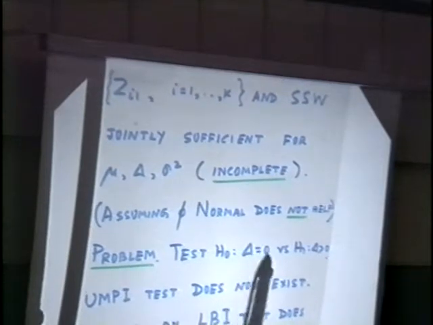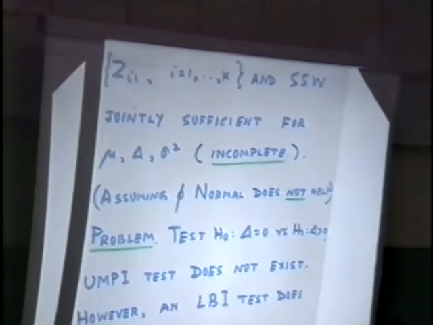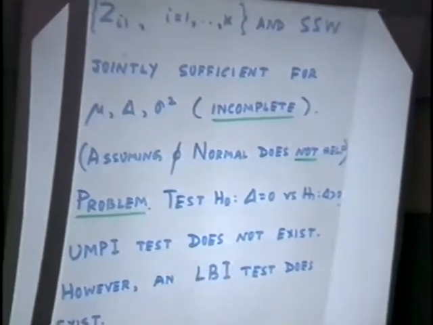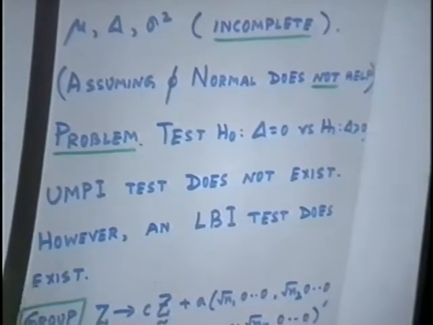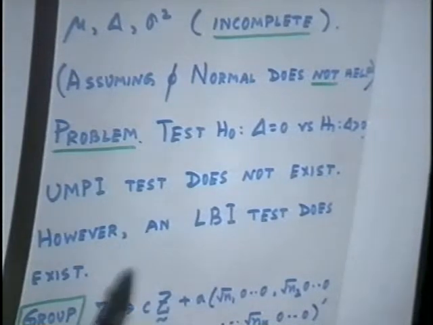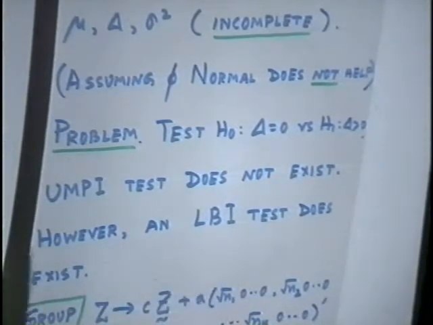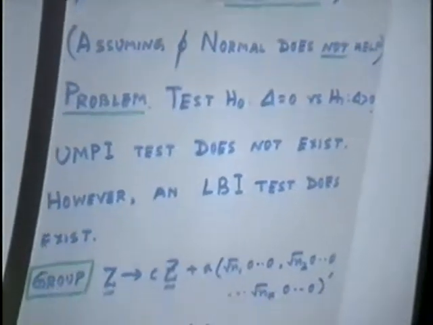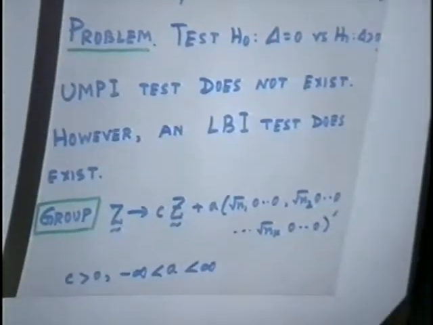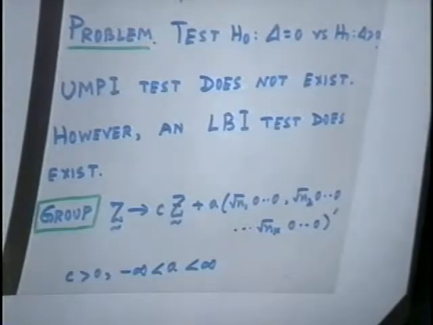And the problem is, how do I test that delta is 0, against the alternative that delta is positive, because delta is the ratio of the components of variances. It turns out that here there is no UMPI test, unlike in the balanced situation. However, it is not difficult to derive a locally best invariant test, and the group is the usual translation and scale change.